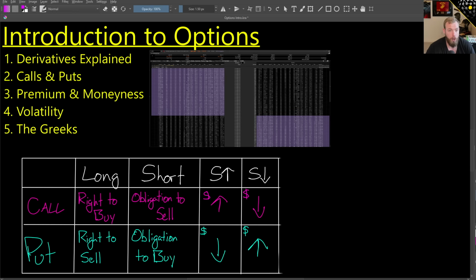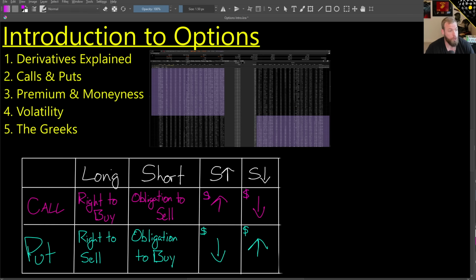If you'll recall, a second ago when I said that you can buy or sell to open, another way we frame that, or just a synonym, is long or short. Long is synonymous with buying and short is synonymous with selling in this context. So if you buy a call, you can also be long a call. If you short a call, that means you sold a call. That's all.